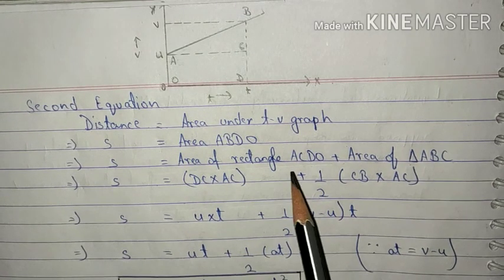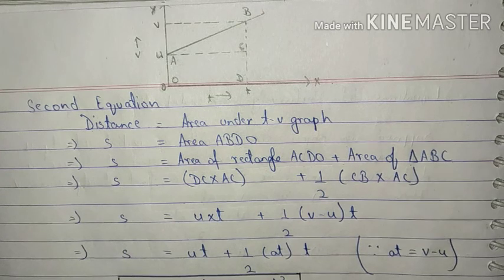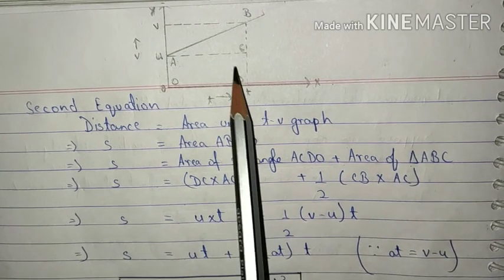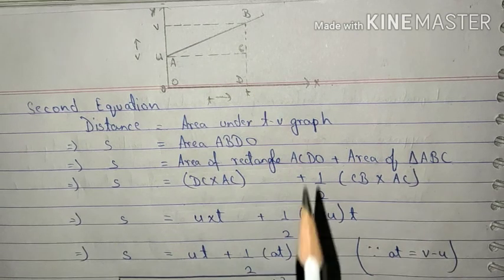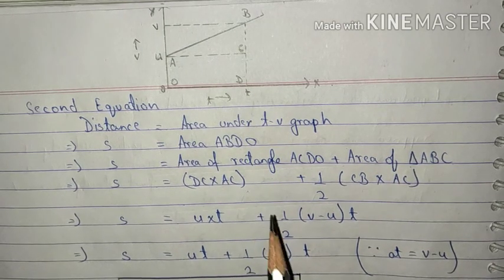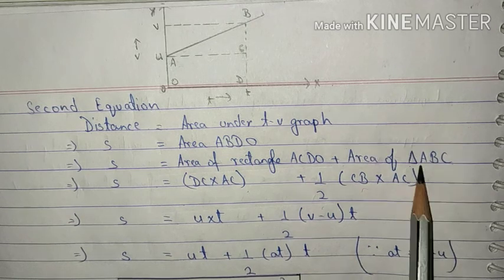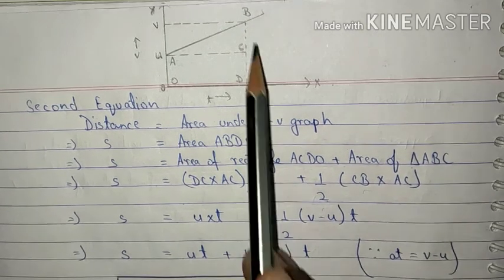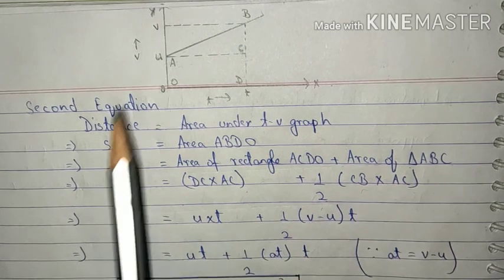Now since the formula for the area of a rectangle is length into breadth, multiplying length into breadth over here, that is DC into AC, we get the area of the rectangle, and the area of a triangle is half base into height, so it will become half into BC into AC.